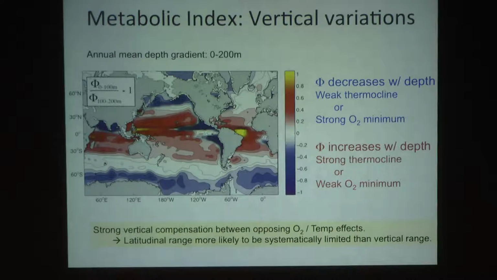Of course, they both decline with depth, but in places like an oxygen minimum zone, your oxygen supply decreases much more quickly than your oxygen demand, because oxygen is decreasing really sharply. In lots of other parts of the ocean, the reverse is true. The thermocline is so strong that your metabolic demand decreases faster than your oxygen supply.